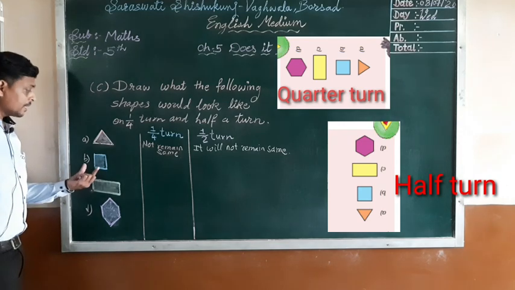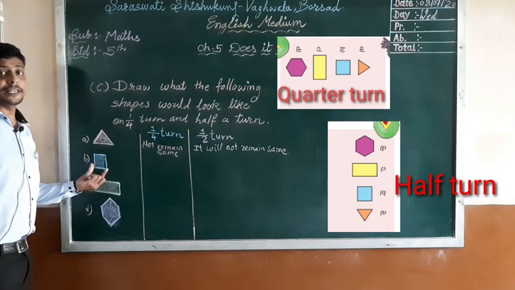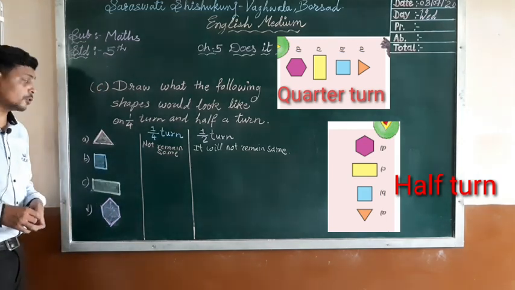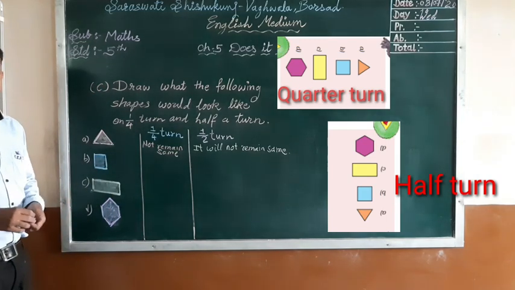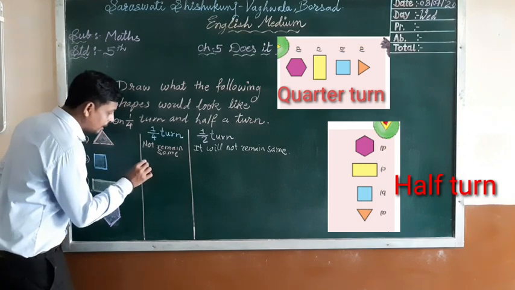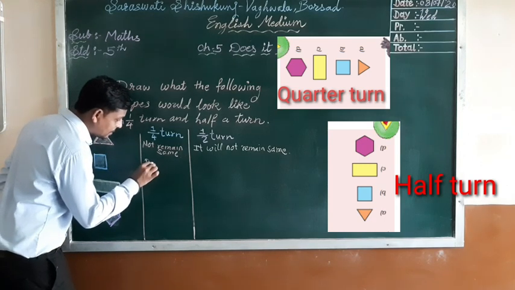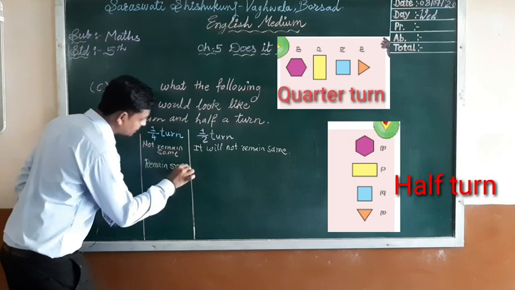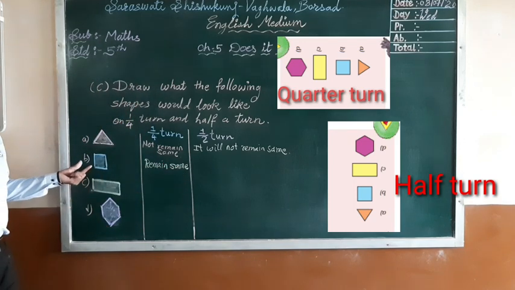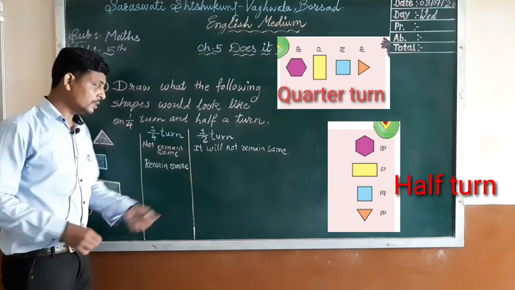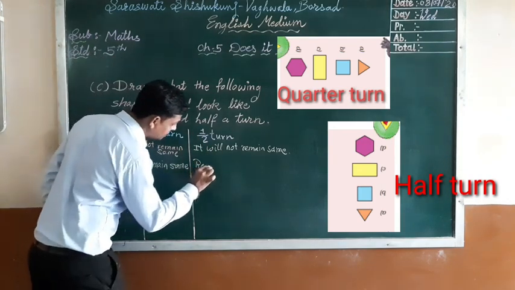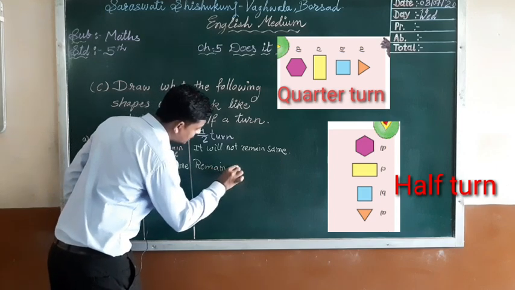Second picture, if we rotate this square into a 1/4 part, then it will remain the same. Now whether it will remain the same in a half turn? Yes, it will remain the same.